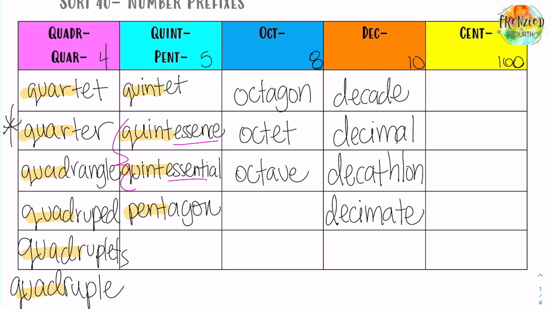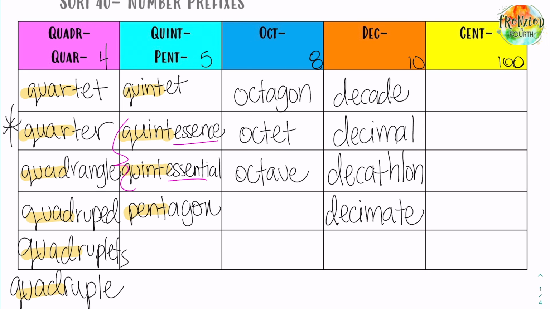A decathlon is a 10 event contest. Some of those events are the 100 meter, long jump, shot put, high jump, and 400 meter. So it's made up of 10 different track events.